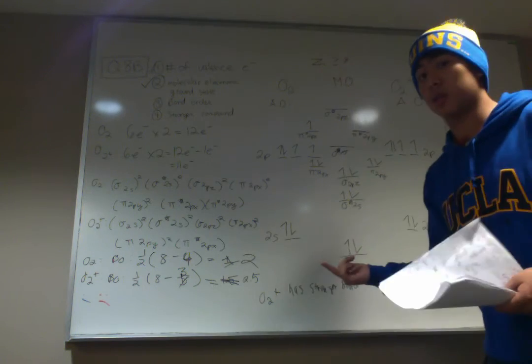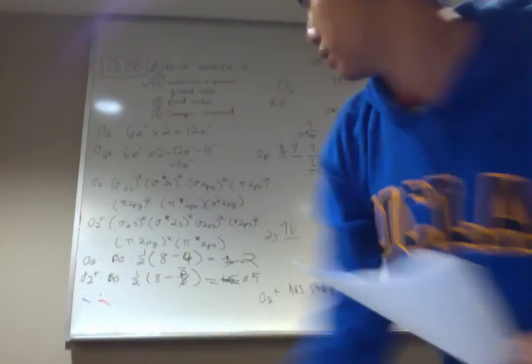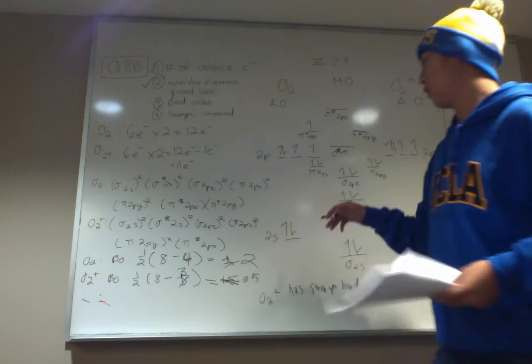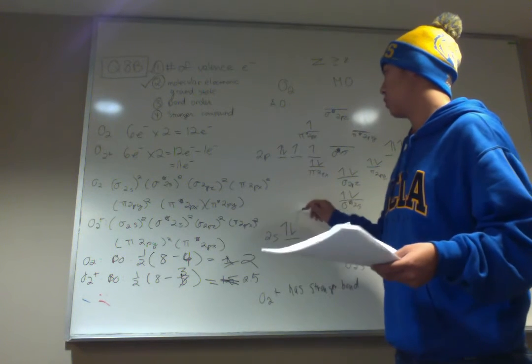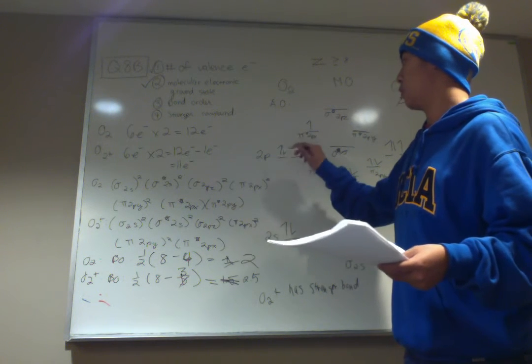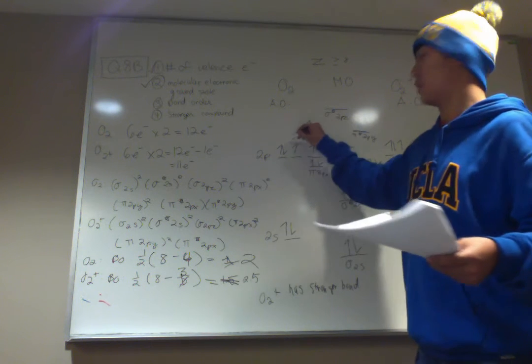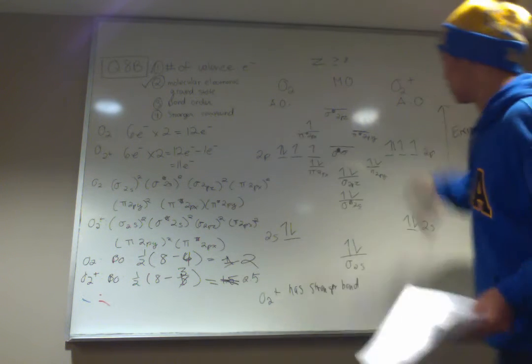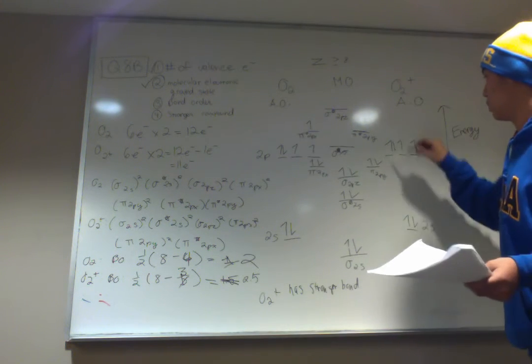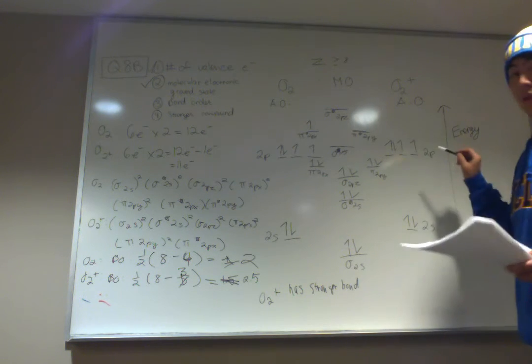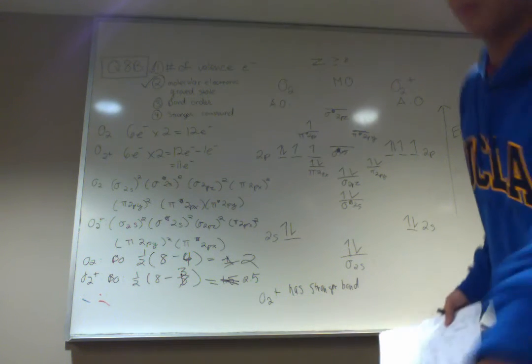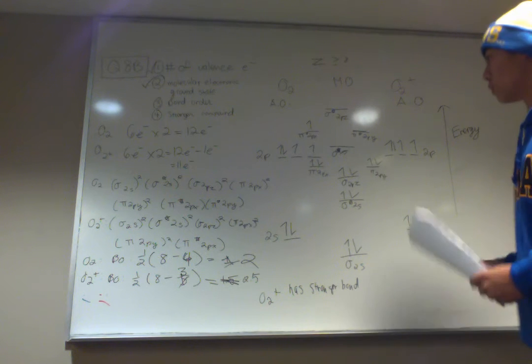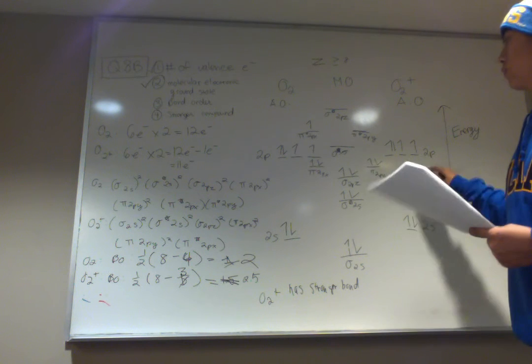There are 6 valence electrons in oxygen, so the 2s shell is filled with 2, and 2p gets 3, 4, 5, 6. Same thing with O2 plus, 1, 2, 3, 4, 5, 6. In sum, we have 12 electrons.